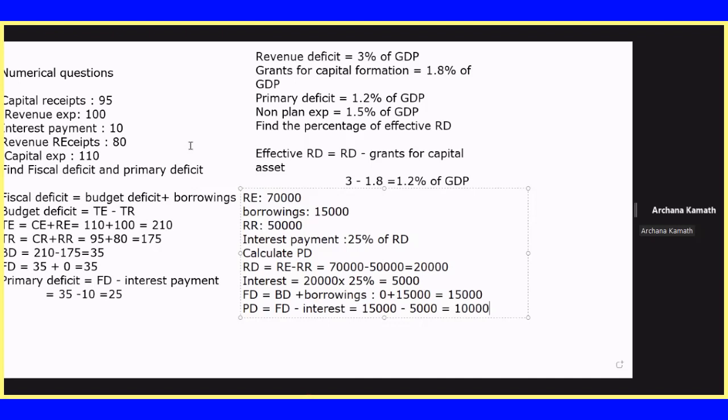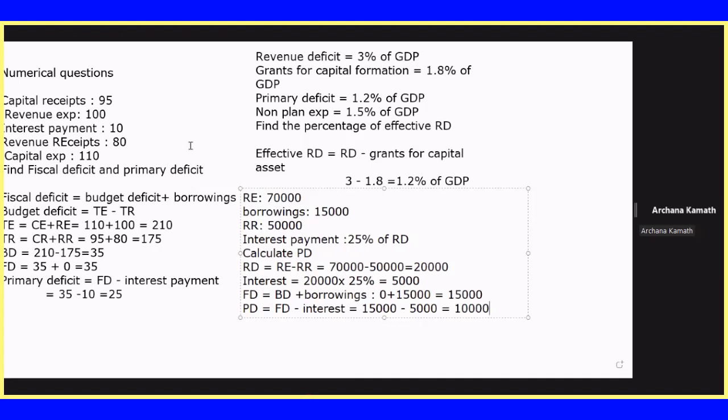That is during the recession period, in order to absorb more money from the economy. That is when they are applying contractionary fiscal policy, expenditure will be cut down and revenue side will be increased.